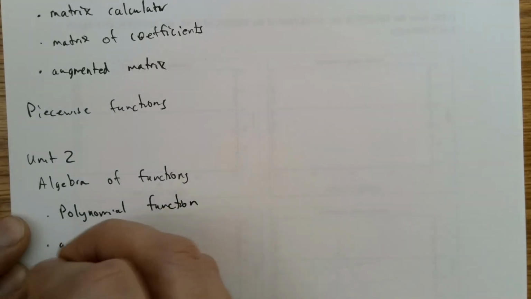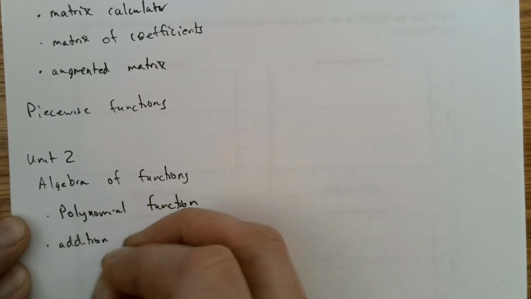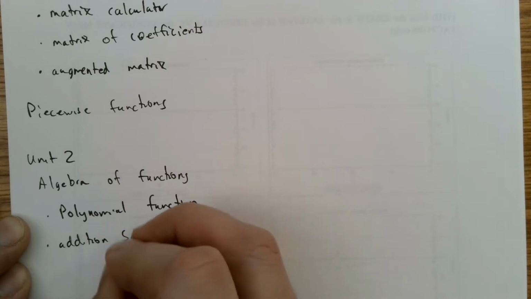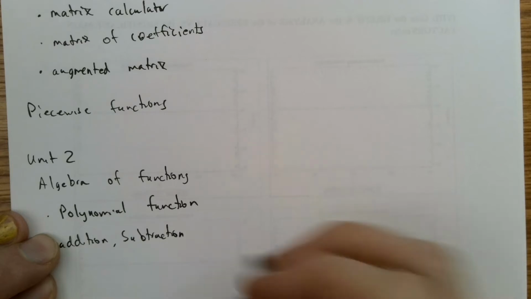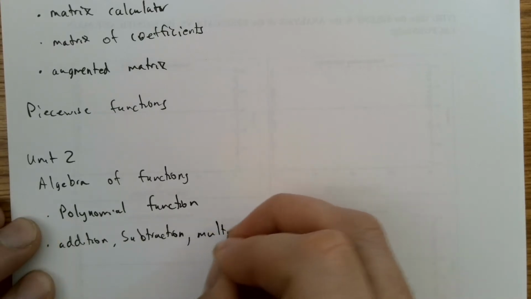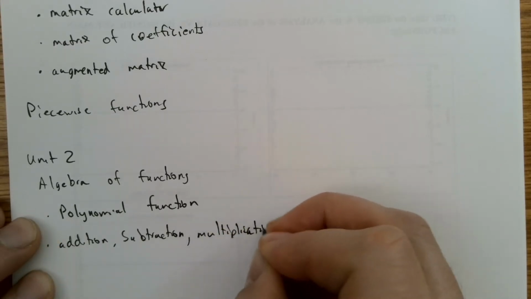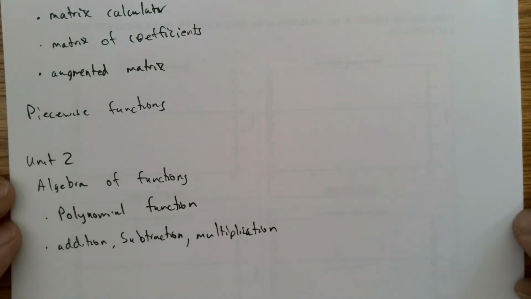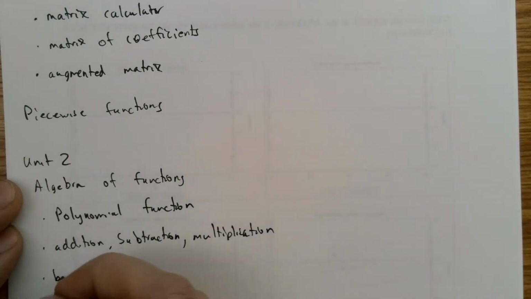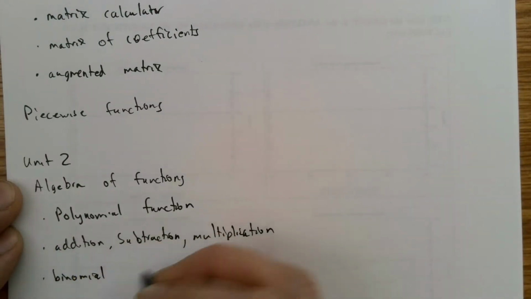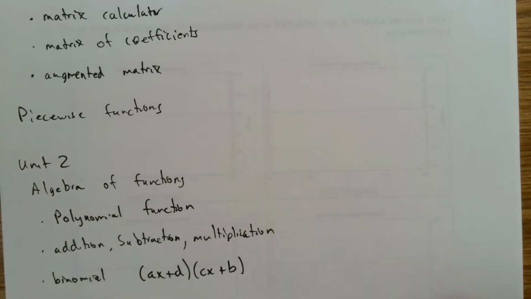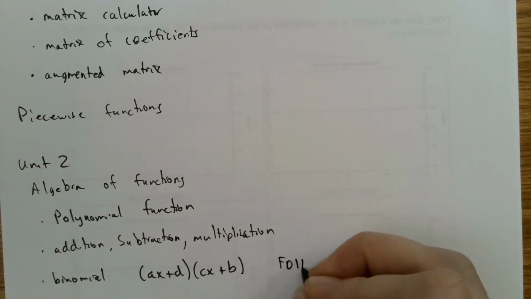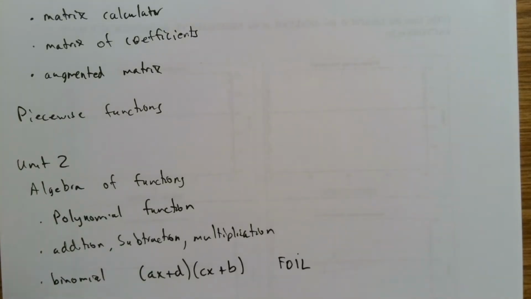And then we did addition, subtraction, and multiplication of these functions. We encountered a couple special types of functions, like a binomial function. So multiplying these two together, we use the FOIL method to know how to do that by hand.